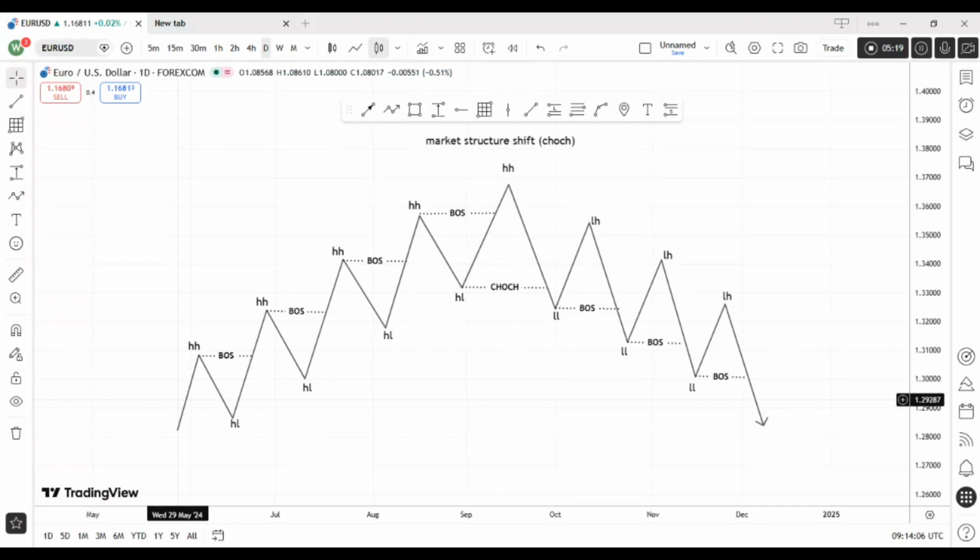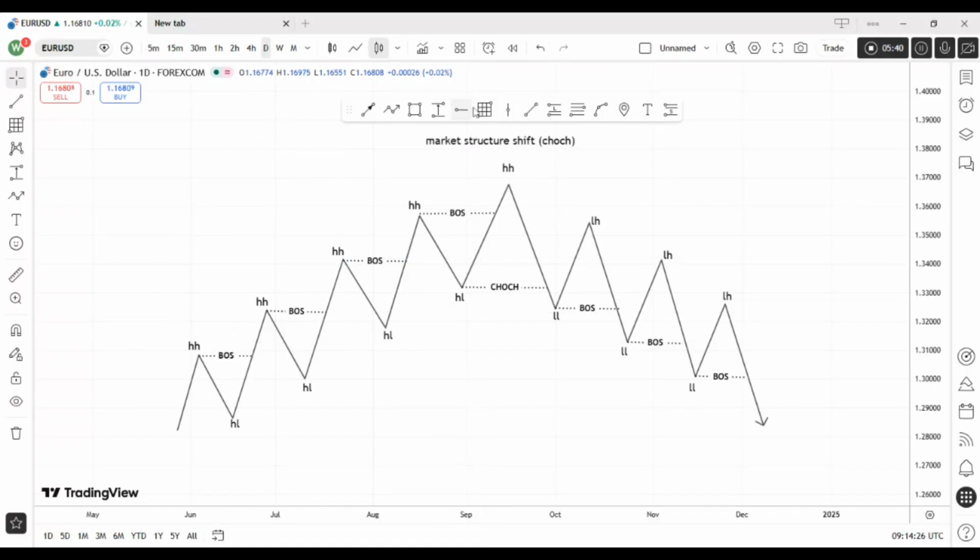Here the market goes on forming higher highs and higher lows. As we said, when a higher high is broken, it forms a break of market structure to the upside.